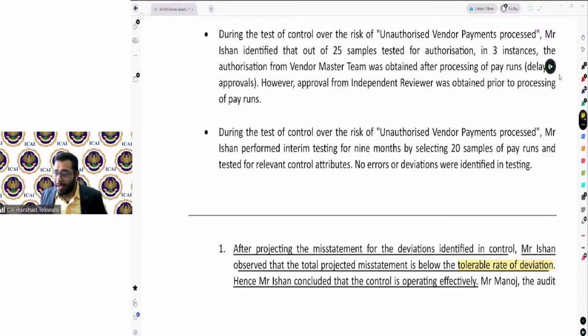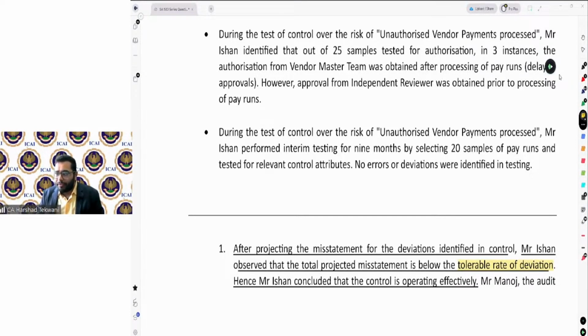So when I say a tolerable rate of deviation, that is nothing but a limit, a threshold, up to which, if I find any deviation in the internal control procedures, up to that particular level, then that is not exceeded, so I could say there is no issue to say that my control was not operating effectively.